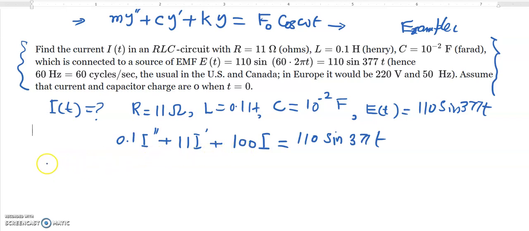So for this, the characteristic equation will be 0.1 m² + 11 m + 100 = 0.